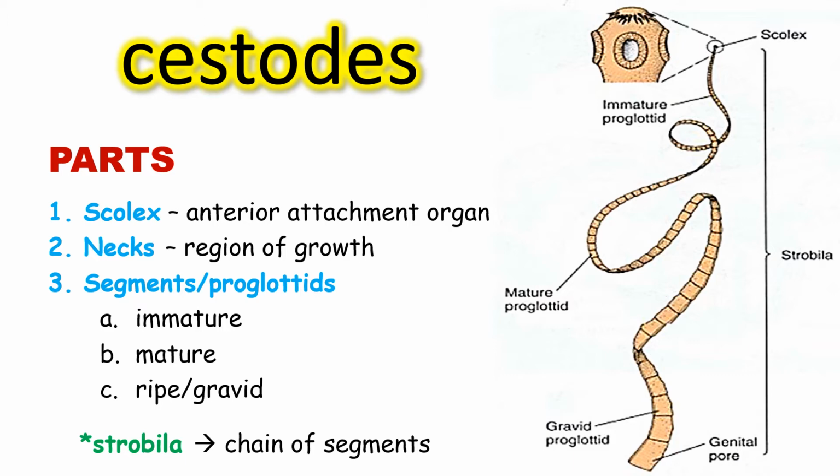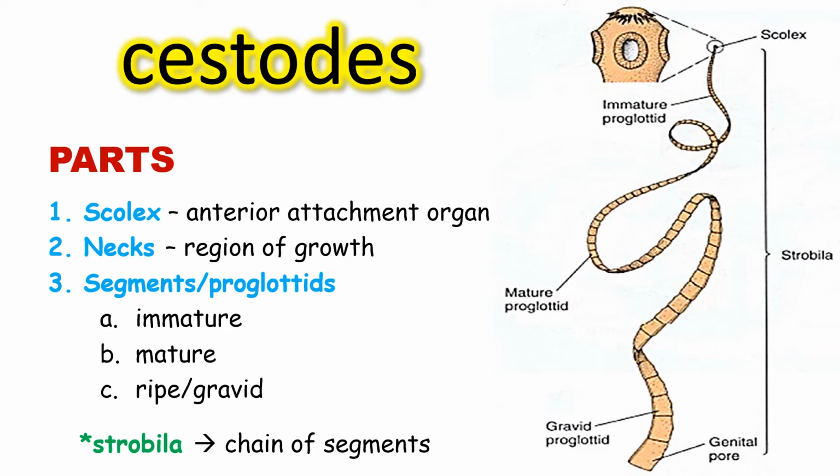Down to the gravid, it is the most distal, and take note that this is the proglottid where the uterus is filled with eggs. Definitely, this particular proglottid is the one that lays or releases eggs. Your proglottids may vary among different cestodes.